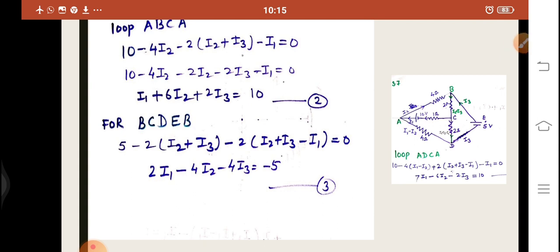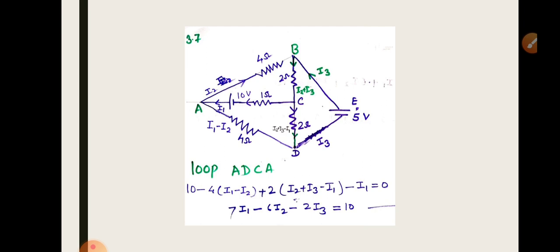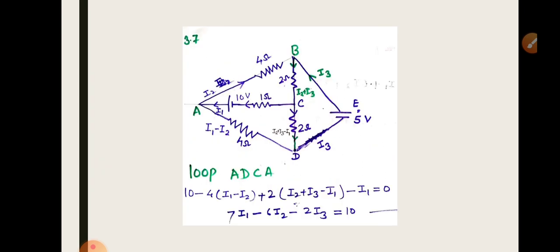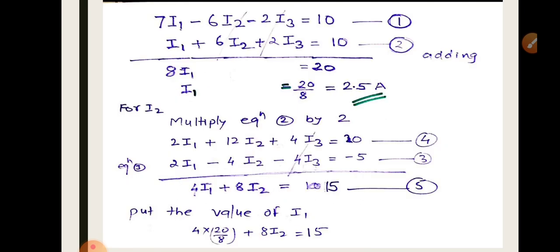See, equation 2 and equation 1 we will write together here. This is 7I1 minus 6I2 minus 2I3 equal to 10, I1 plus 6I2 plus 2I3, and then add these two, so we will get I1.